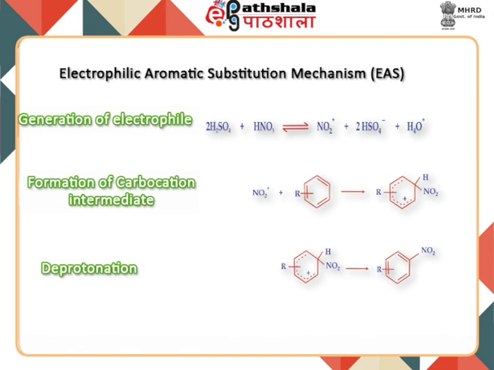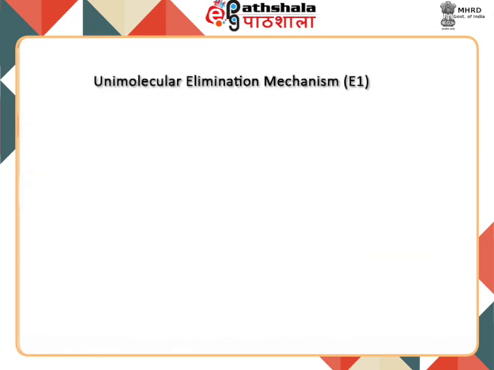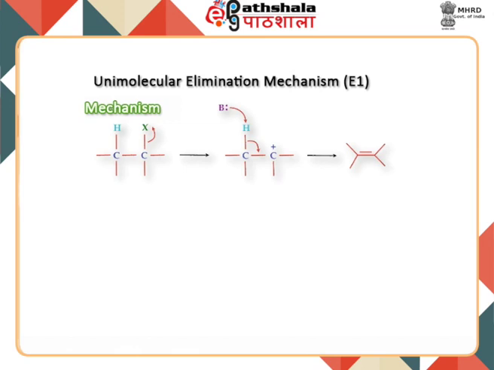Now, we will learn about the unimolecular elimination mechanism, E1. The first step of a unimolecular elimination mechanism is the loss of the leaving group and formation of a carbocation, which is a slow and rate determining step.